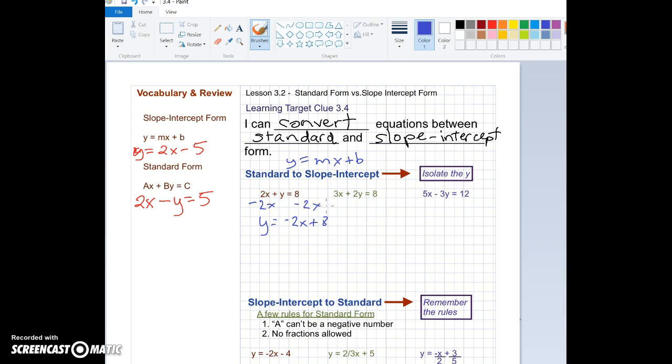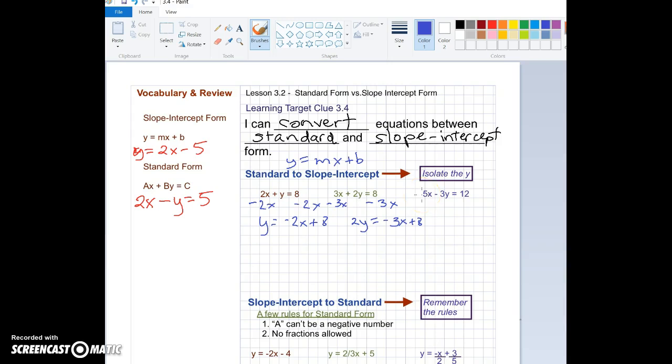Let's try this next one. 3x plus 2y equals 8. I want to isolate the y, so I'm going to start by getting anything that doesn't have a y attached to it over to the other side. So what should I do? Subtract 3x from both sides. I get 2y equals negative 3x plus 8.